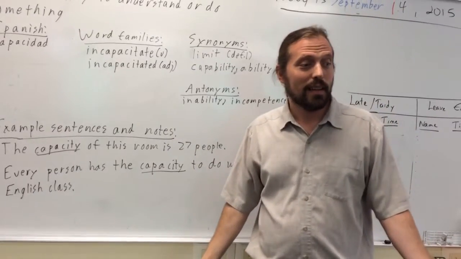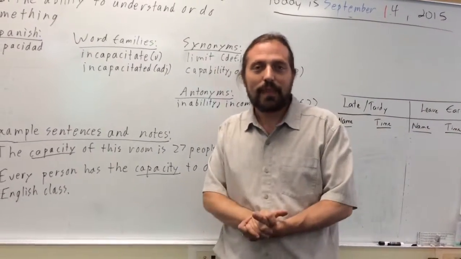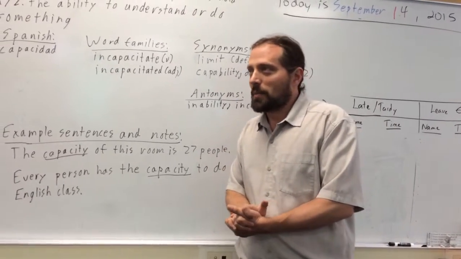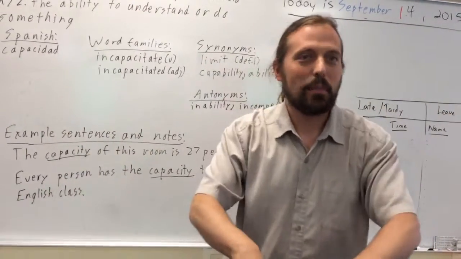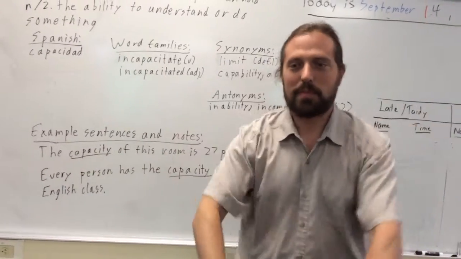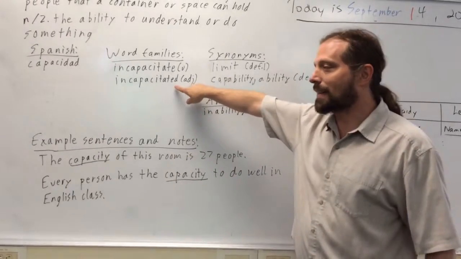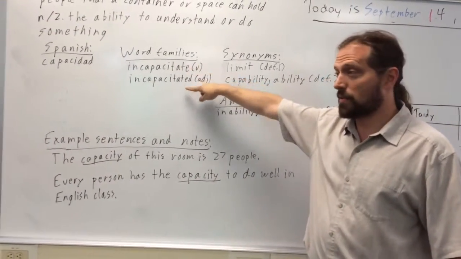If some crazy person is trying to attack somebody, and all the people jump on the person and incapacitate him, he can't attack anybody anymore because they throw him on the ground so he can't move. That's incapacitate. Incapacitated is an adjective to describe a person who this has happened to.